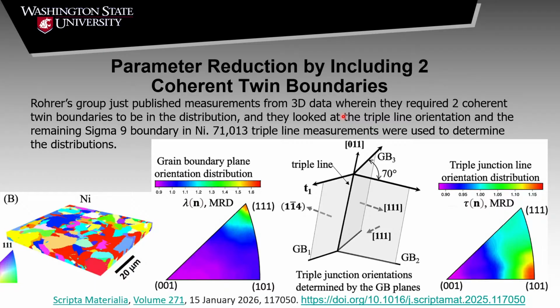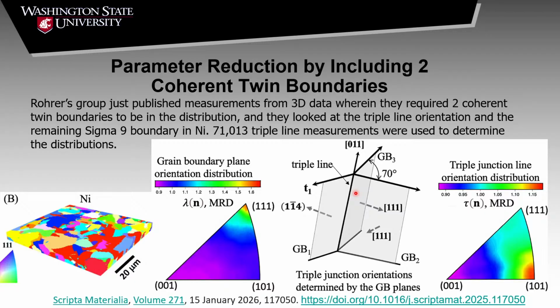This is in nickel. He used a nickel system, and he said, we're going to look at a triple line with 2 coherent twin boundaries. Right? So he reduced the space way further than what we reduced it.